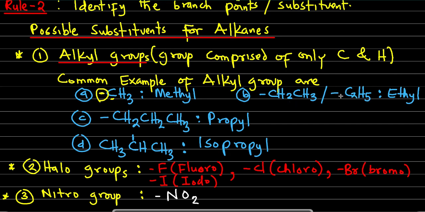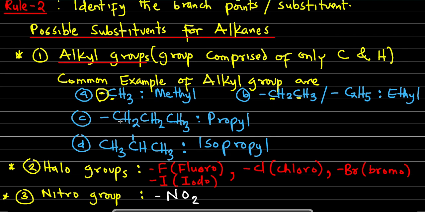Both of them are the same thing, because the number of hydrogens present here is 2 plus 3, which is 5, with C2. So anytime you see CH2CH3 as a substituent, or C2H5, do not forget that is an ethyl group. Okay, let's look at the C part.